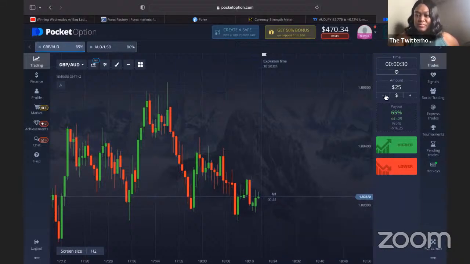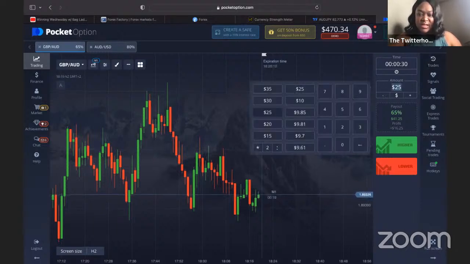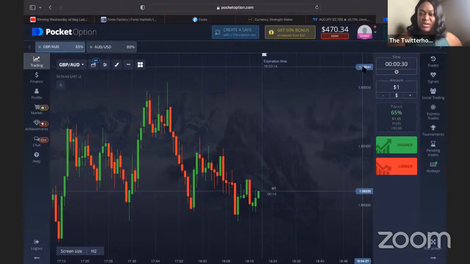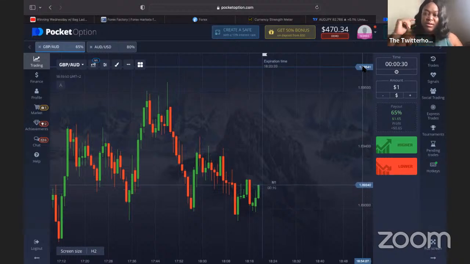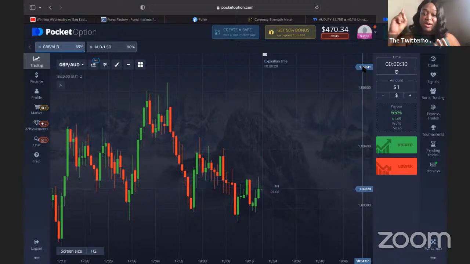Now, to take a trade, there are 4 things you need to listen for on this session: the currency pair, the time frame, the strike price, and whether it's a buy or a sell. If it's a buy, we expect price to go higher.